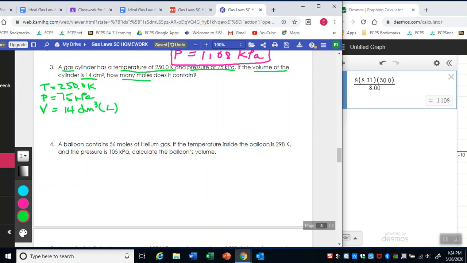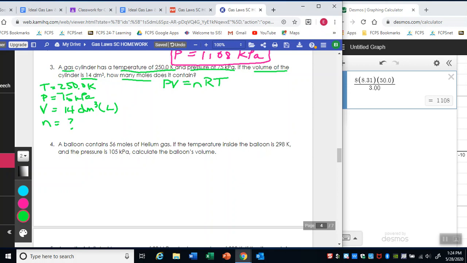And it says how many moles. So N is what I'm trying to find. That's my unknown. So I read carefully, write down my givens, figure out what I'm trying to find, my unknown, and then write my equation. So this would be the ideal gas law. Pressure times volume equals moles times my constant times my temperature.